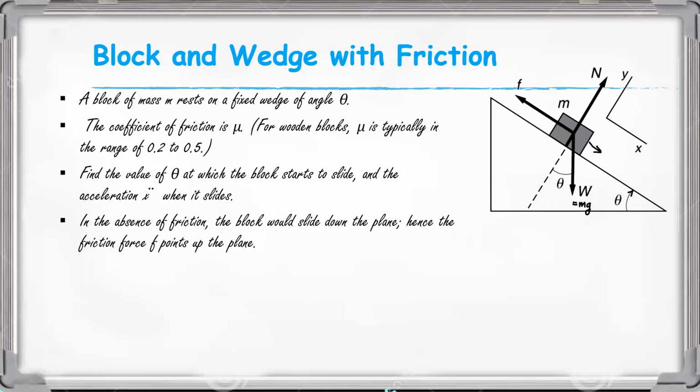Then the friction acts, and it points up the plane. This arrow denotes the direction of the frictional force.